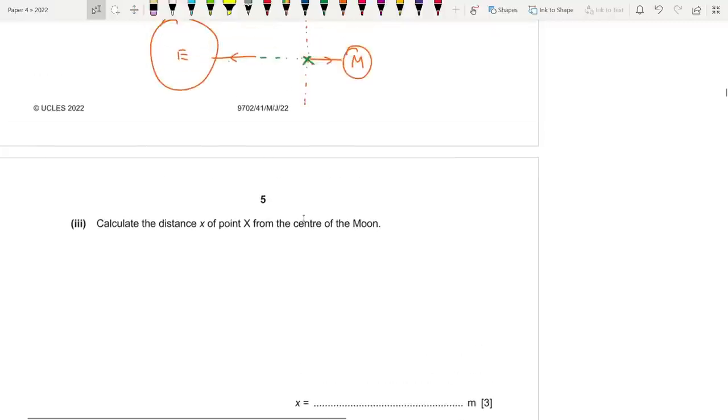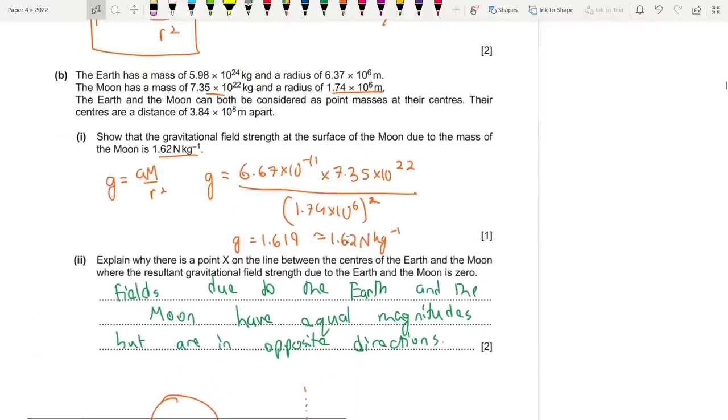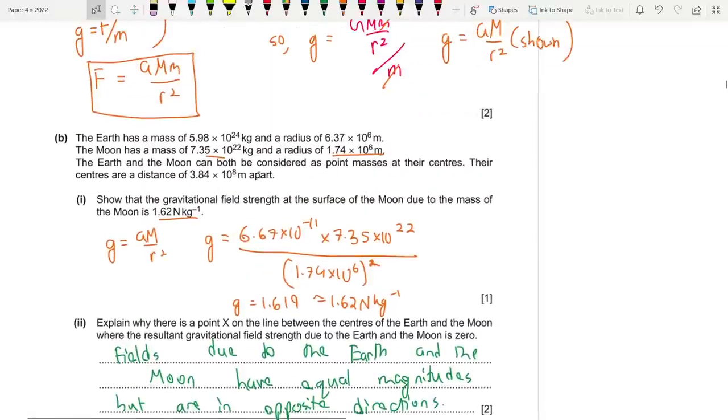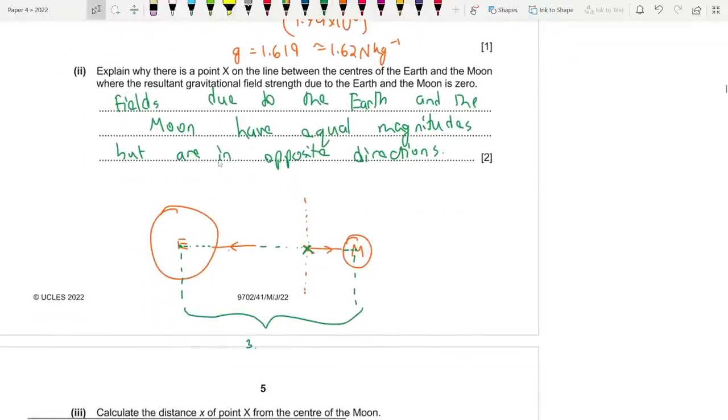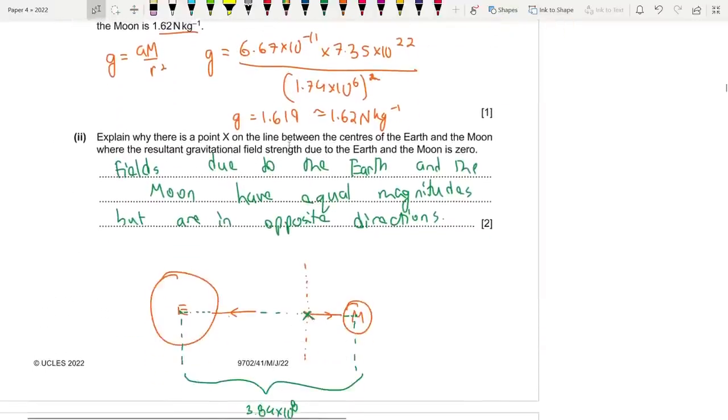Calculate the distance x from the center of the moon. Interesting. So guys, the distance between the centers, this distance over here, is basically 3.84 times 10 to the power 8. We don't know the exact point where the field strength is 0, right?